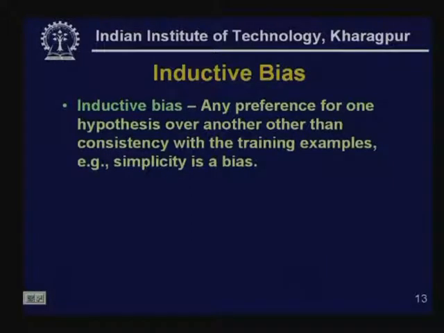Because the hypothesis that you should choose is the one which has the minimum error, which is the highest accuracy, but you cannot measure the true accuracy of the hypothesis because you do not have access to all the examples. Therefore, you must use some sort of bias which is called inductive bias. There are many biases which have been used. For example, simplicity of the hypothesis is a possible bias.